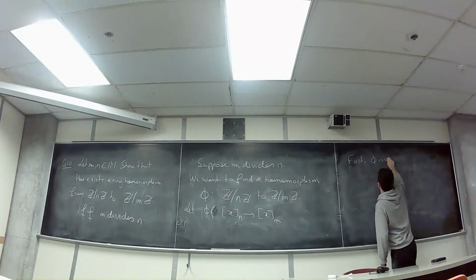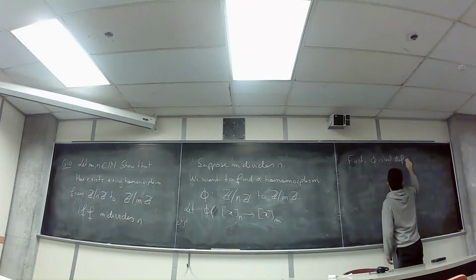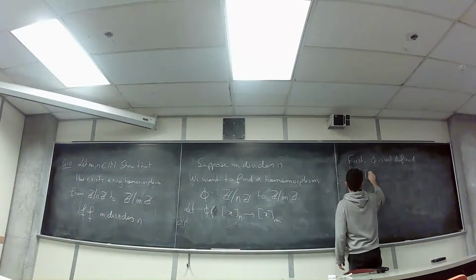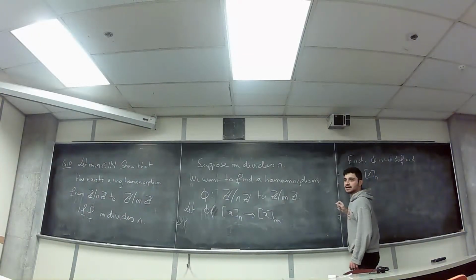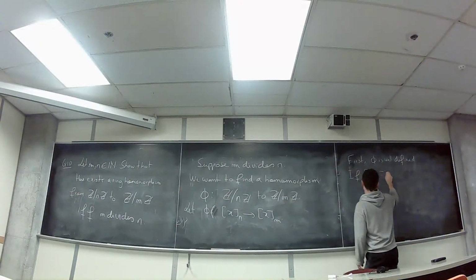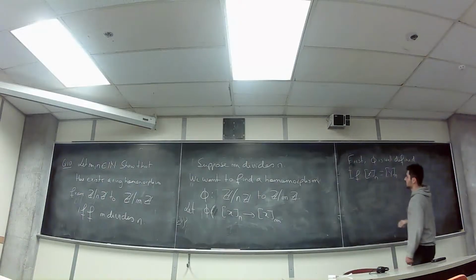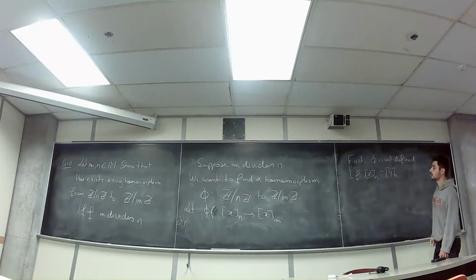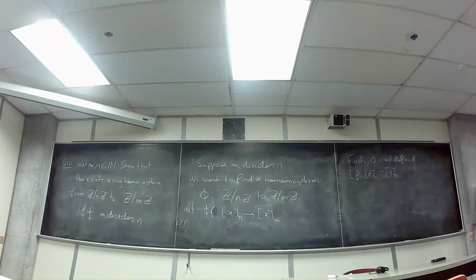So if the equivalence class of X mod n is equal to the equivalence class of Y mod n, what do I need to show? Then phi of X mod n is equal to phi of Y mod n. Very good. Let's do that.